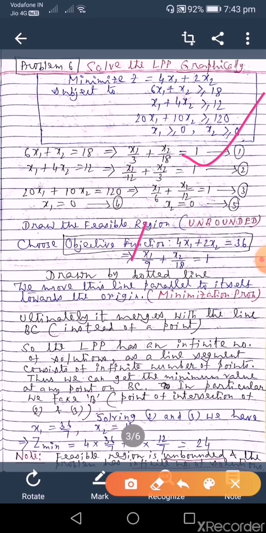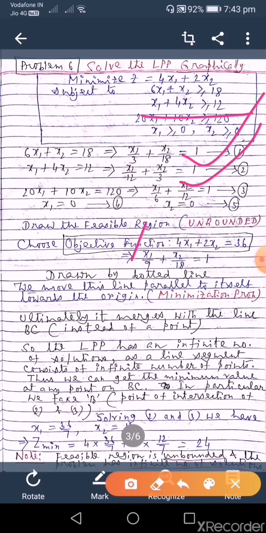For the next one, x1 plus 4x2 greater than equal to 12, that means (12, 0), it will pass through the points (12, 0), (0, 3), and the region it will cover is away from origin.